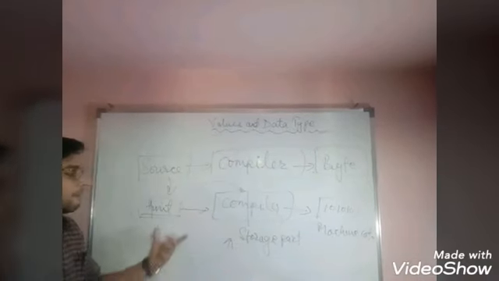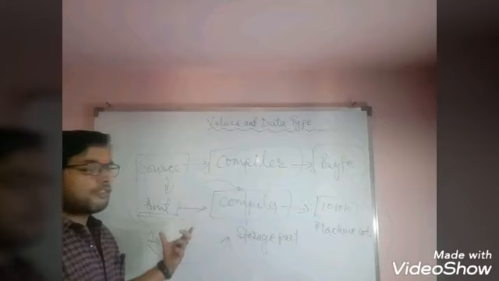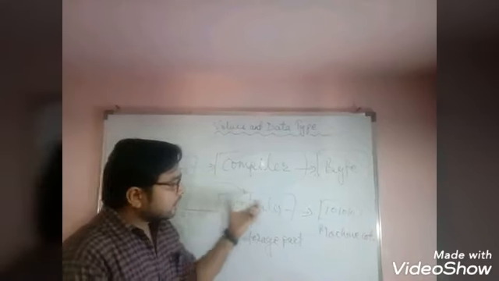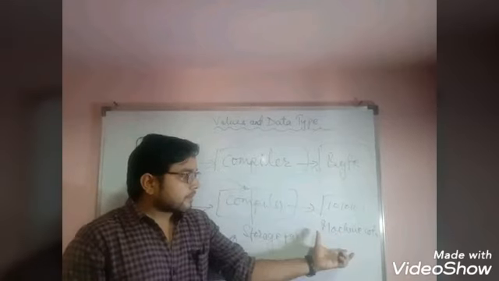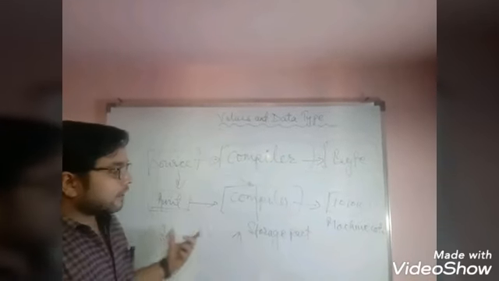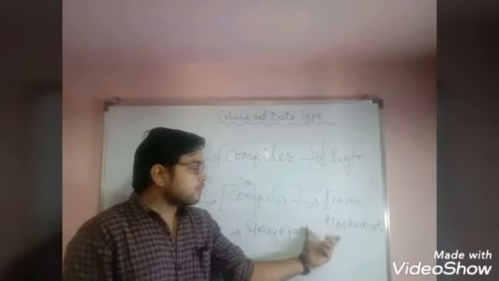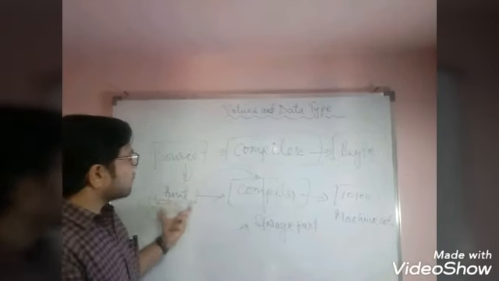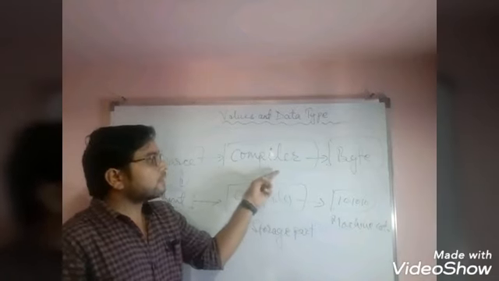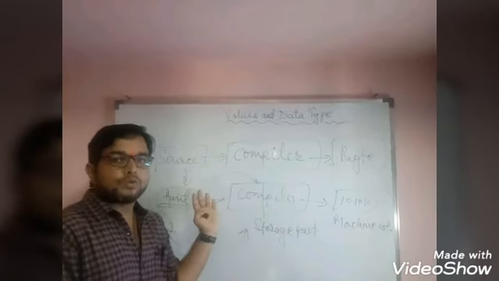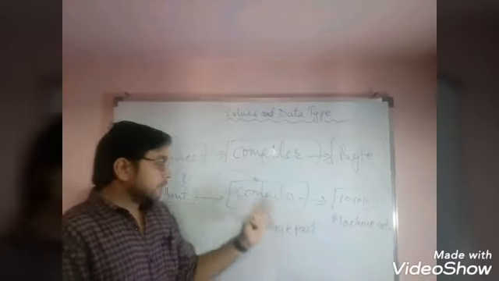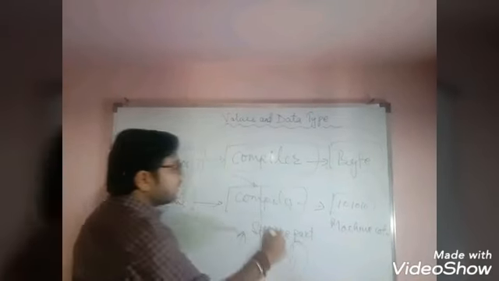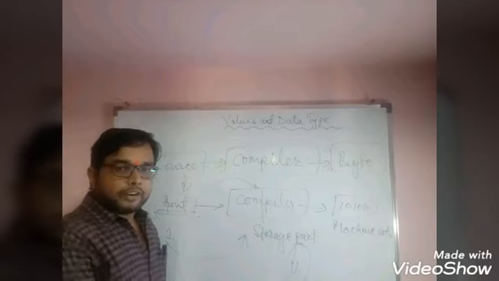For this reason, the compiler has to know which type of data you are entering. If you are entering any string, then the computer has to convert the string into machine code. If you are entering 1, then the computer has to convert this 1 into machine code. This is the process of converting the source code into bytecode. This is the work of the compiler, which converts the source code into bytecode at once. So for this storage reason, the compiler has to know which type of data you are entering.